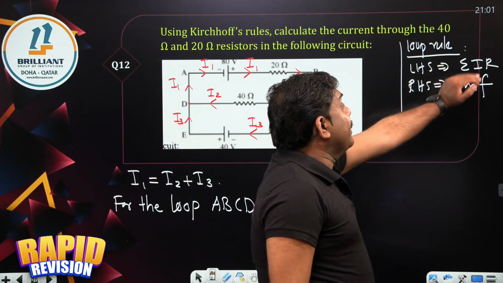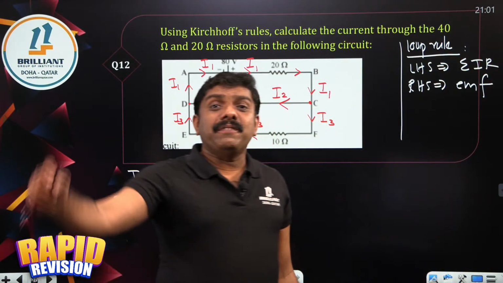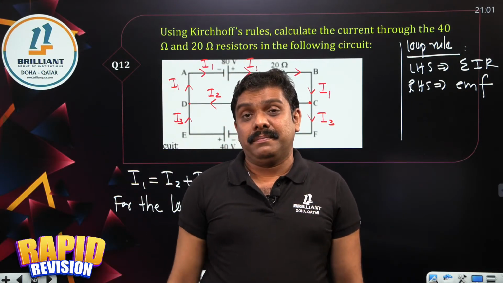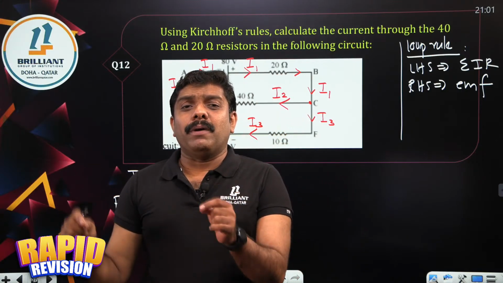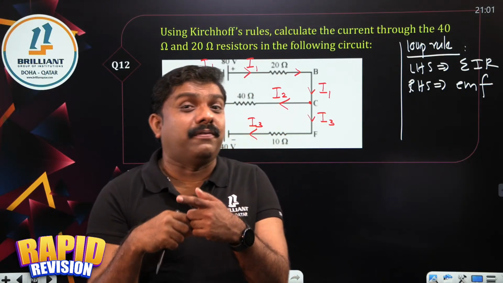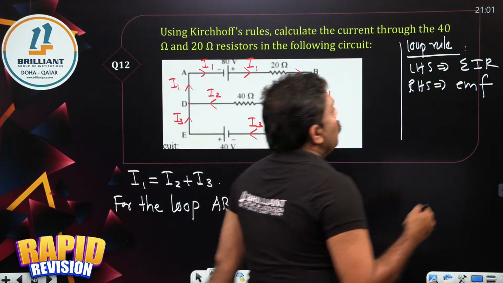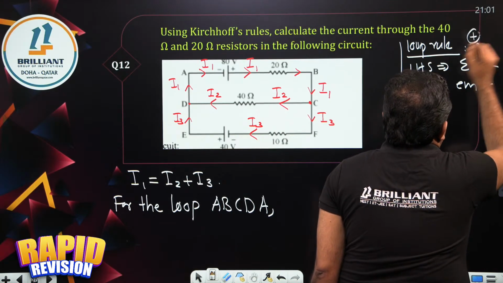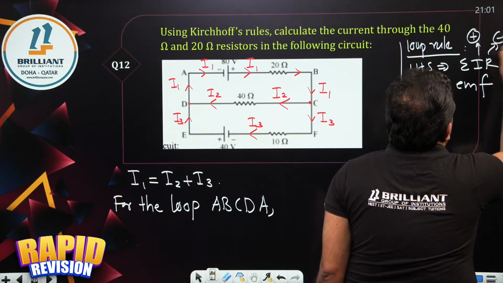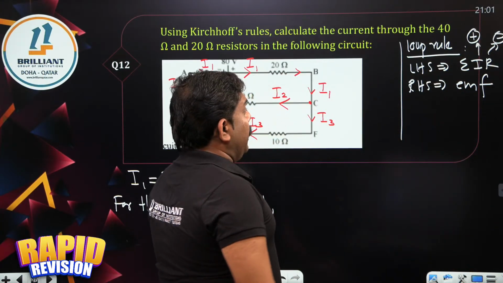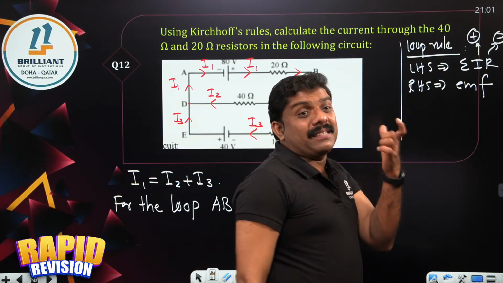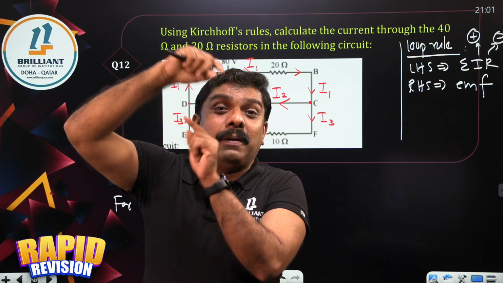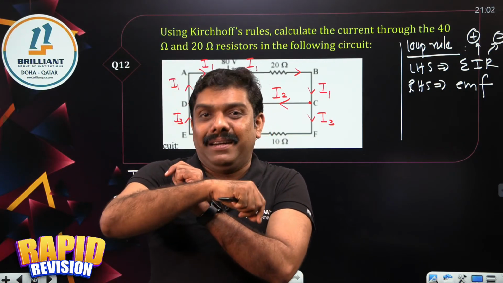For LHS, there is a rule: if the product is in the direction of current, take it as positive. If the product is opposite to the direction of current, take it as negative. Now the next one: what about the EMF sign? When we are moving from plus to minus of a cell, take it as minus.